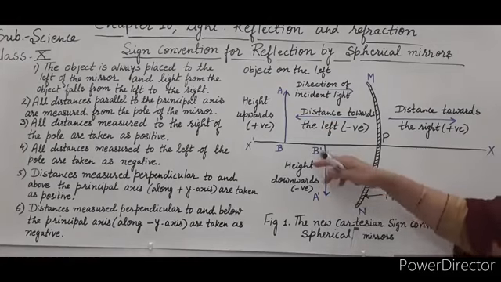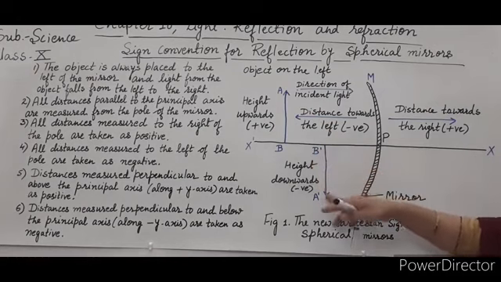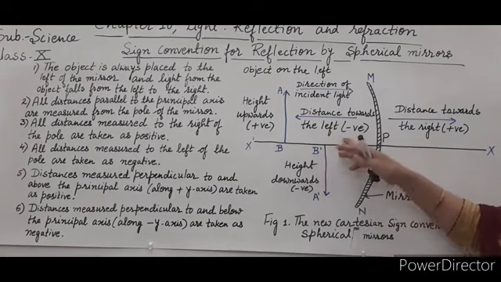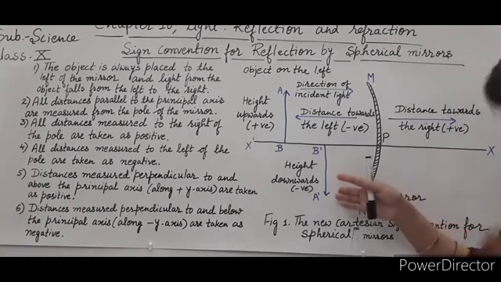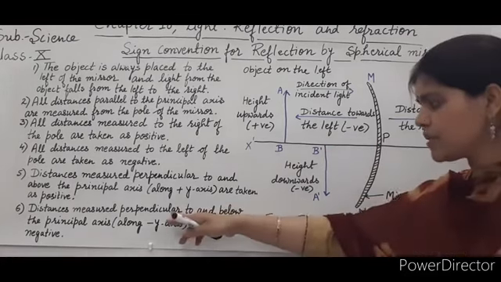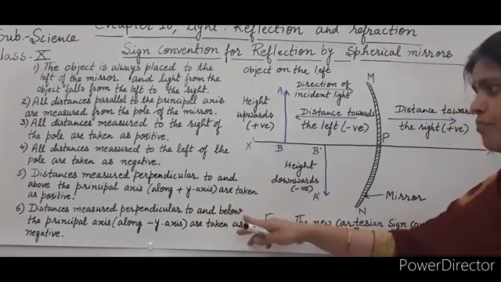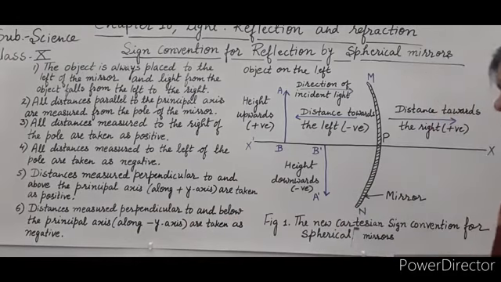A dash B dash is the image. If it is below the principal axis, then it is taken as negative. So the distances measured perpendicular to and below the principal axis are taken as negative.